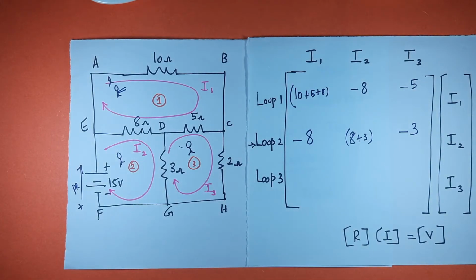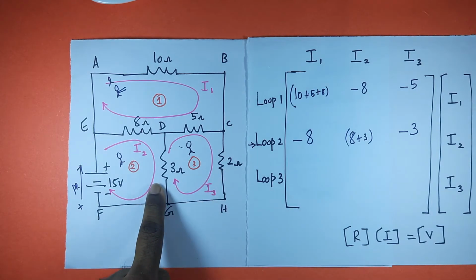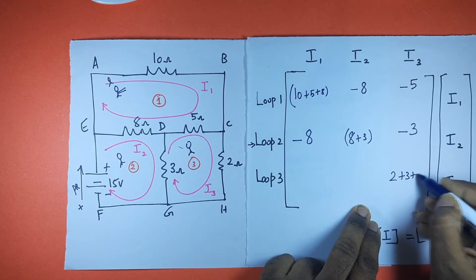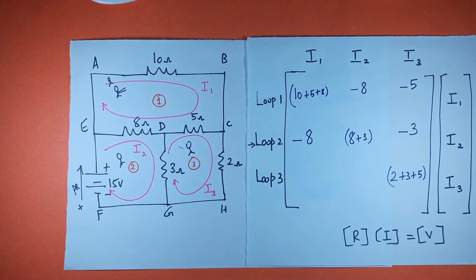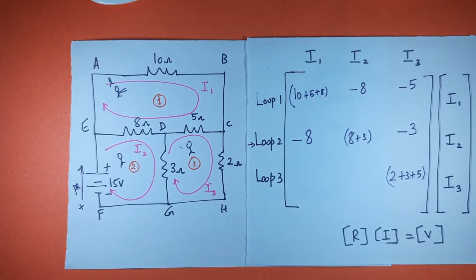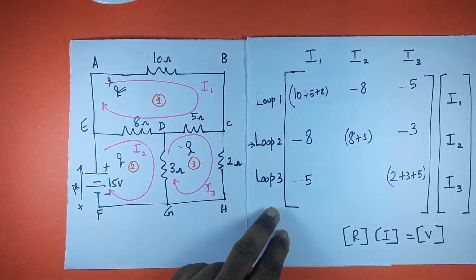And then now you jump to loop 3. Loop 3, the current is I3. I3 flows through 2, 3, 5. So 2 plus 3 plus 5. Still you are in loop 3. You are asking whether I1 is flowing through loop 3. Yes. I1 flows through loop 3 through 5 ohm, but in the opposite direction. So I put minus 5.